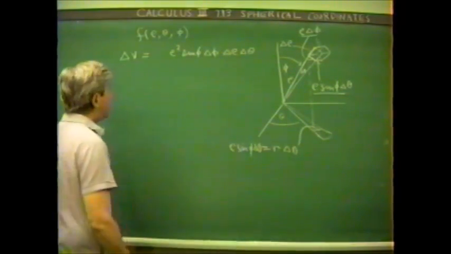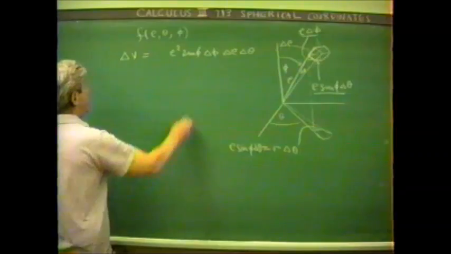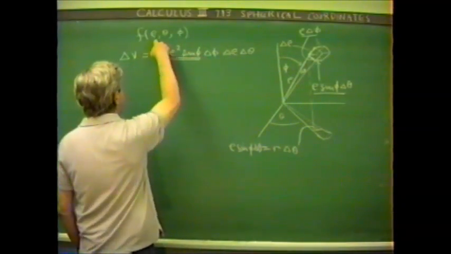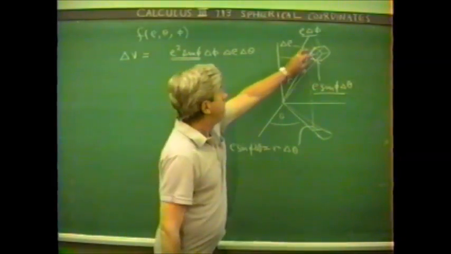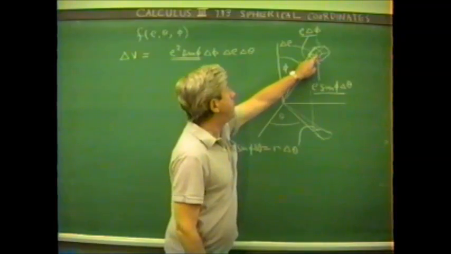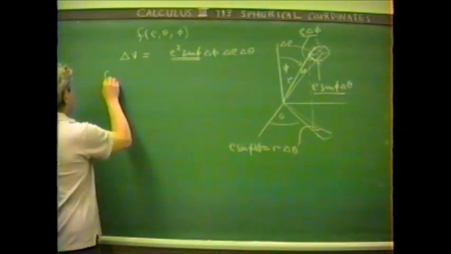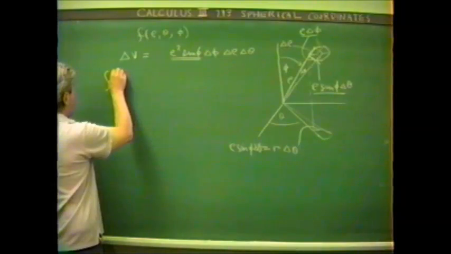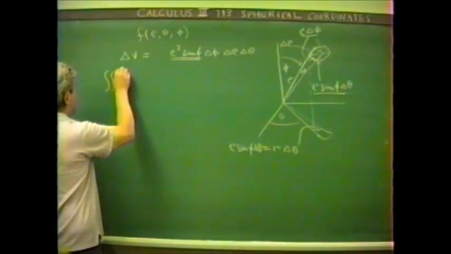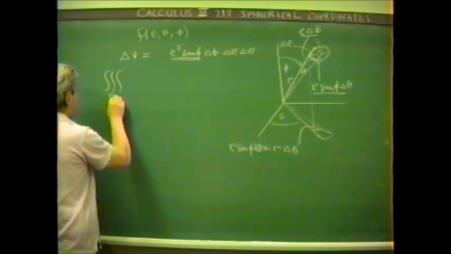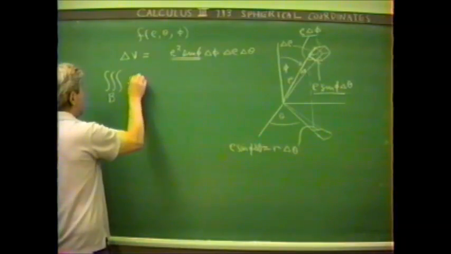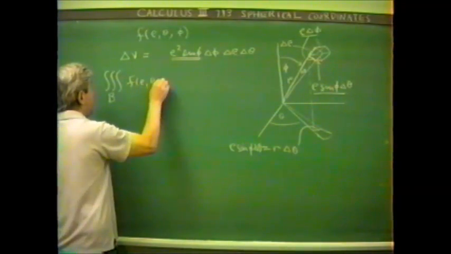So when you do the integral here, this is the multiplier of the value of the function. You want to take the value of the function at a point in here and multiply by the volume, and so the integral is going to look like a triple integral over whatever region it happens to be B of f of rho, theta and phi.